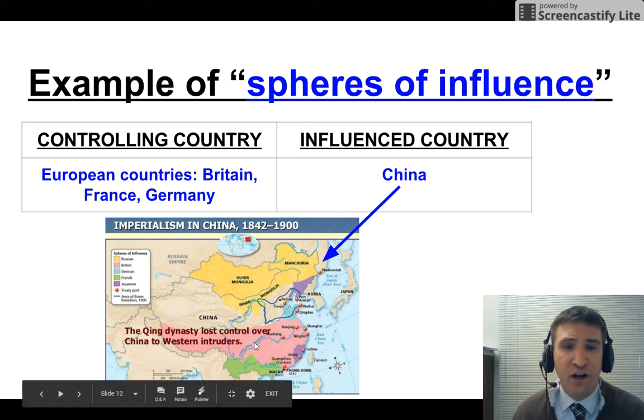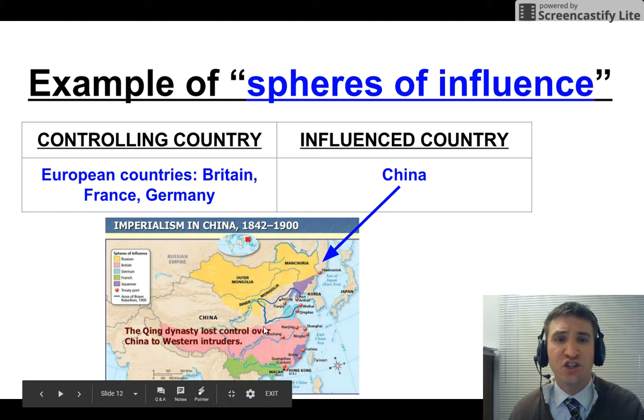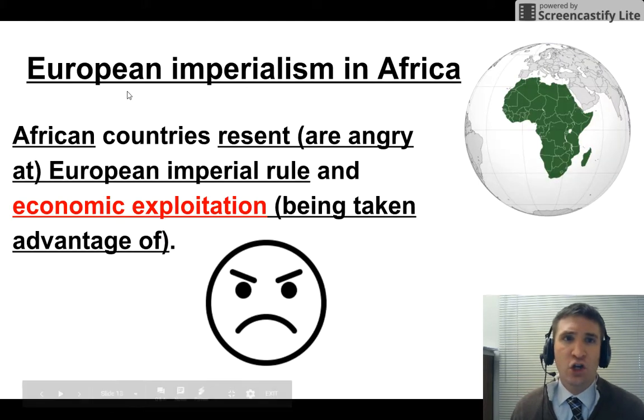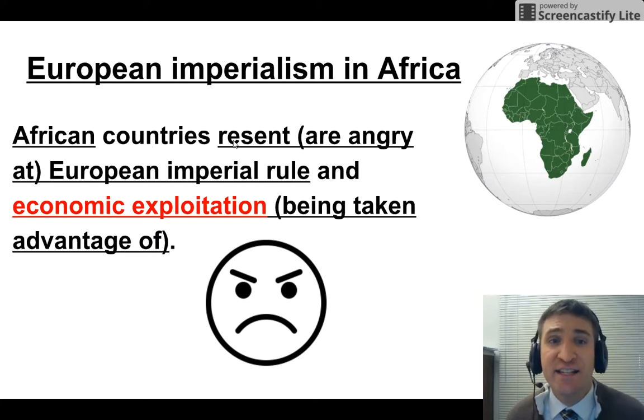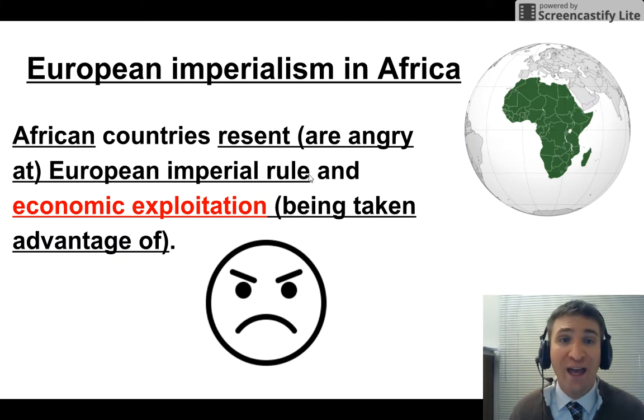European imperialism in Africa. Let's head to this continent just south of Europe. African countries resent, meaning they're angry at, European imperial rule and economic exploitation, which means being taken advantage of. There's the angry face. An example of economic exploitation in Africa: the European country of Belgium takes over Congo in 1885.